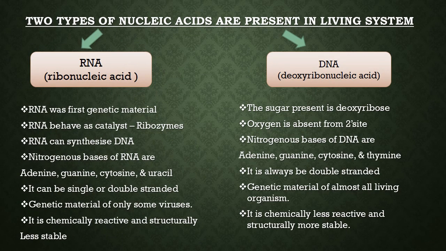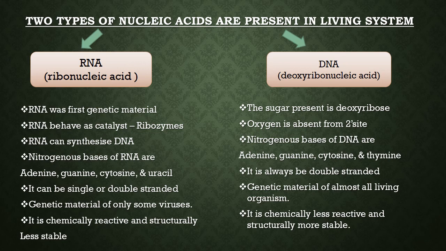First of all, you should know very well that there are two types of nucleic acid present in a living system: RNA, ribonucleic acid, and DNA, deoxyribonucleic acid. RNA was the first genetic material. RNA behaves as a catalyst. A catalyst is a substance which increases the rate of reaction.